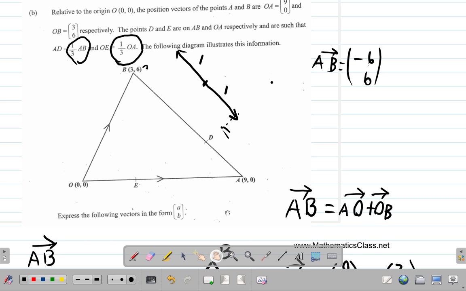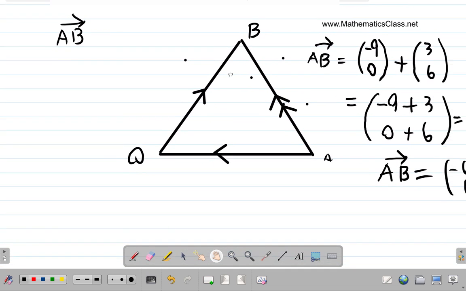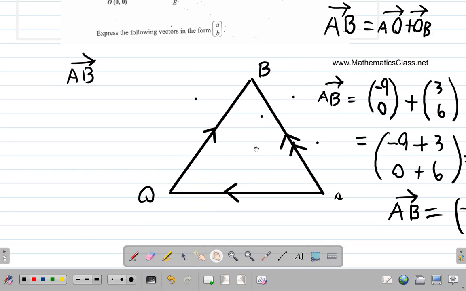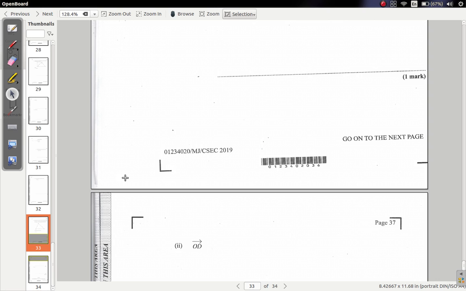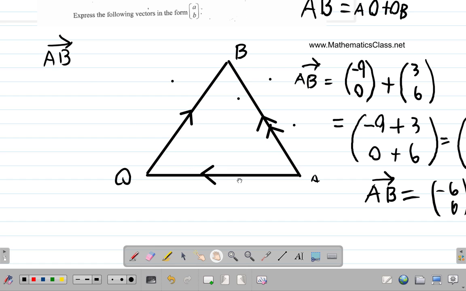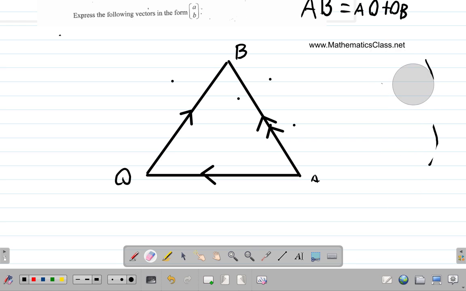See that? Now, what we want is the other part of the question, OD. So let us find out what OD is.